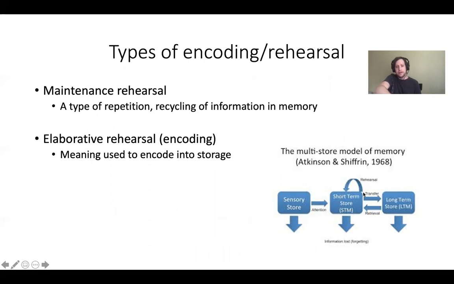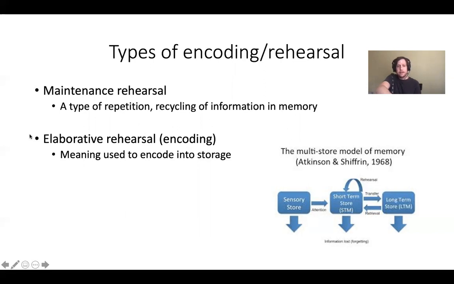In short-term memory, there's this self-referential arrow of rehearsal, where you can say information to yourself on a superficial level, just repeating something verbally to yourself over and over again. The idea is that eventually that information can be transferred, and that's written here in this diagram, to long-term memory.